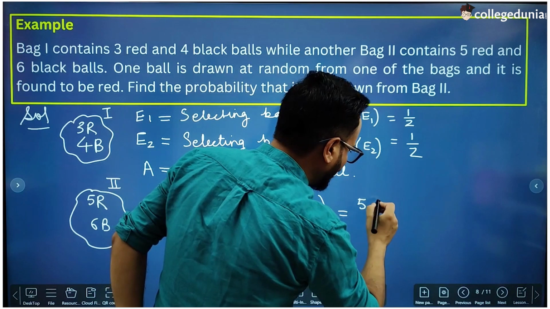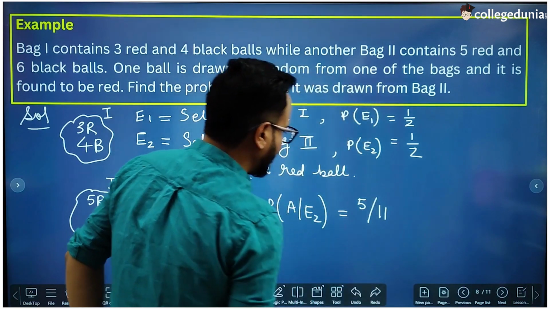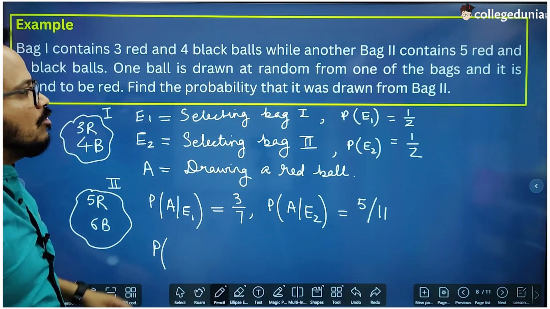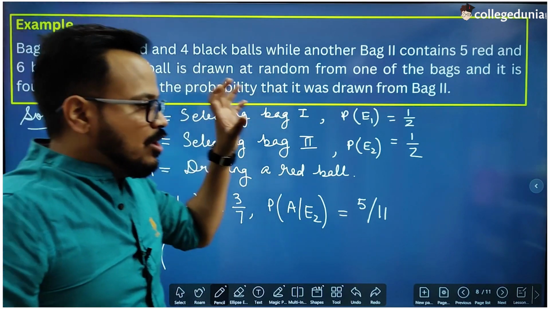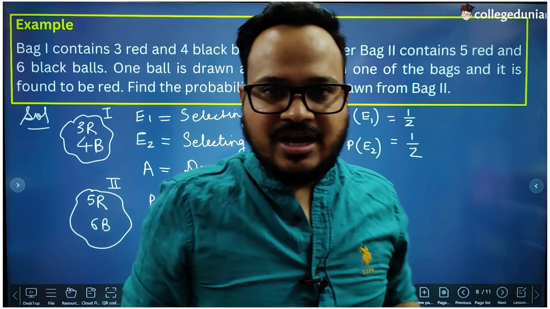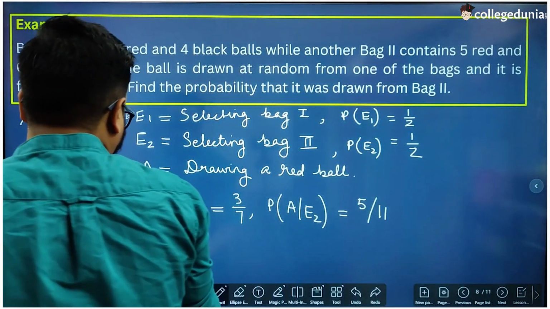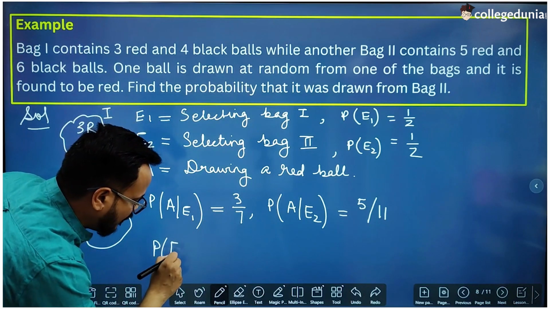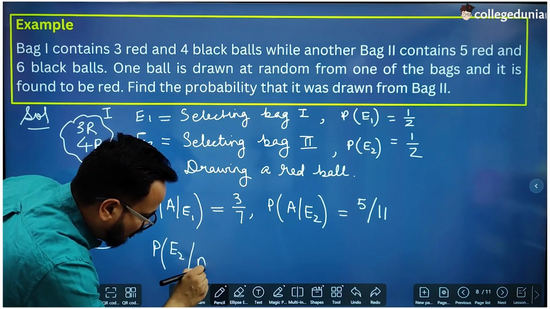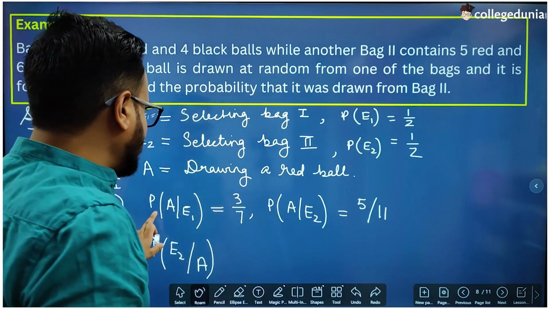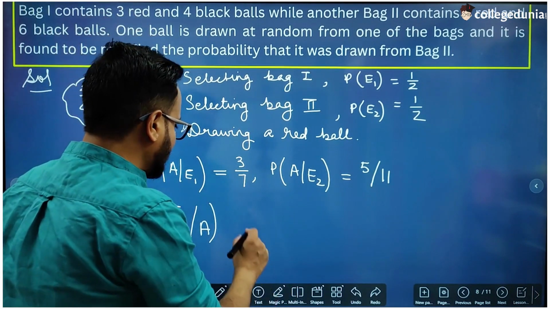We have to find the probability of what? We already know that the drawn ball is red, and we have to find the probability that it was drawn from bag 2. So we have to find the probability of E2 given that it was red, right? Now just apply the formula of Bayes theorem.